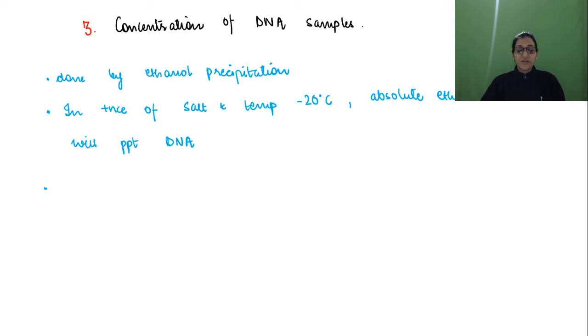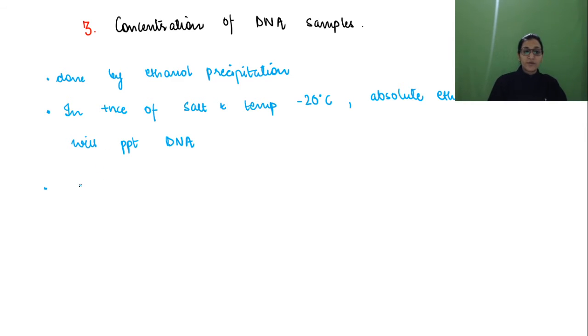With a concentrated solution of DNA, one can use a glass rod to pull out the adhering DNA strands, while in dilute solution, precipitated DNA can be collected by centrifugation and redissolved in an appropriate volume of water.